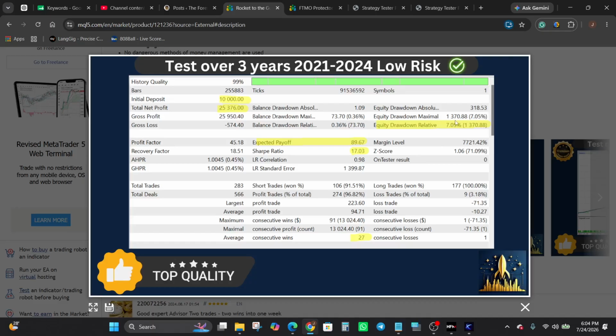But then the drawdown, the equity drawdown was 7.05%, the balance drawdown was 0.36%. So the drawdown data is also impressive. Okay, 7% might be moderate to an extent.